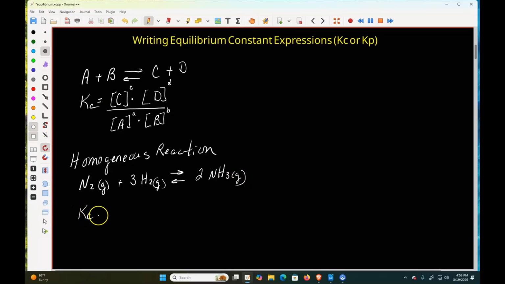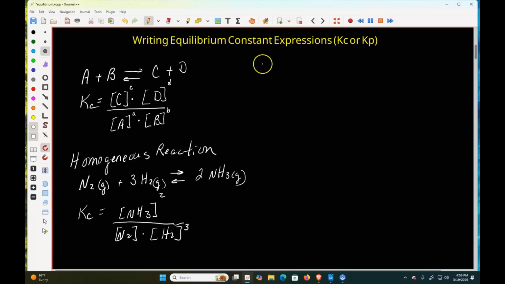So the Kc will be equal to the products over the reactants. So the products will be the concentration of NH3 raised to the power of 2 over the concentration of N2 times the concentration of H2 raised to the third power.